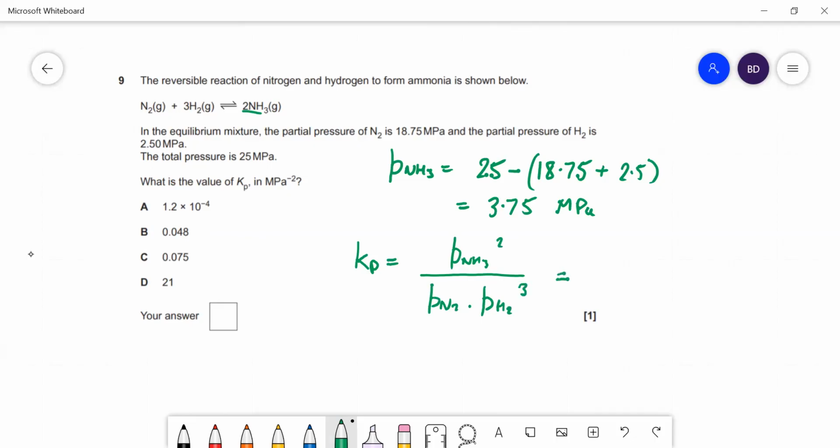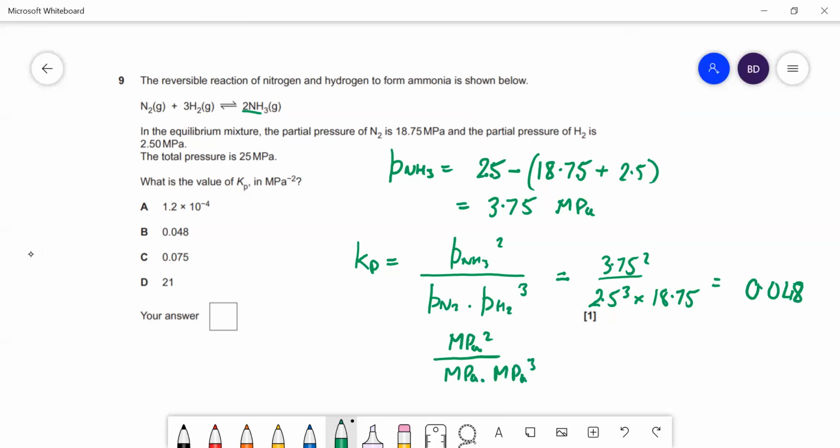Put those numbers in. 3.75 squared over 2.5 cubed for the hydrogen times 18.75 for the partial pressure of the nitrogen, and that gives us 0.048. And the units: we've got megapascals squared on the top, megapascals for the nitrogen, and megapascals cubed for the hydrogen. So that simplifies to megapascals to the -2. So this B is the answer there.